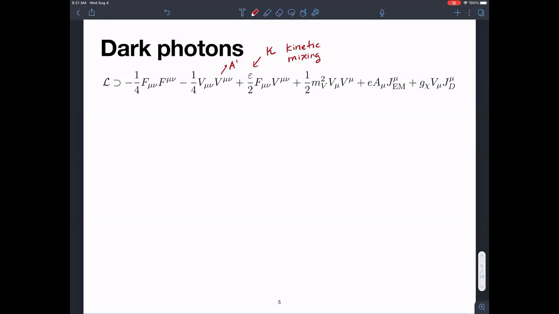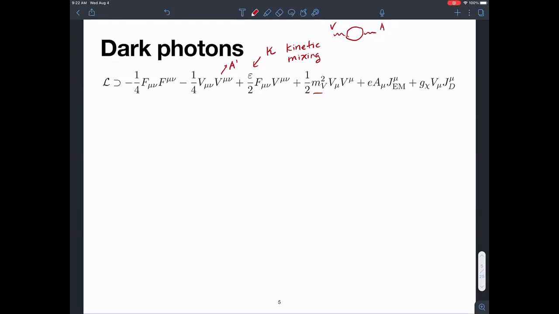And this dark photon potentially has some mass, mV. This is usually just inserted as a Stueckelberg mass. It's just a U(1). The kinetic mixing is a free parameter, and the idea is that it could come from some loop of some heavy particle that's charged under both the dark photon and the standard model photon.